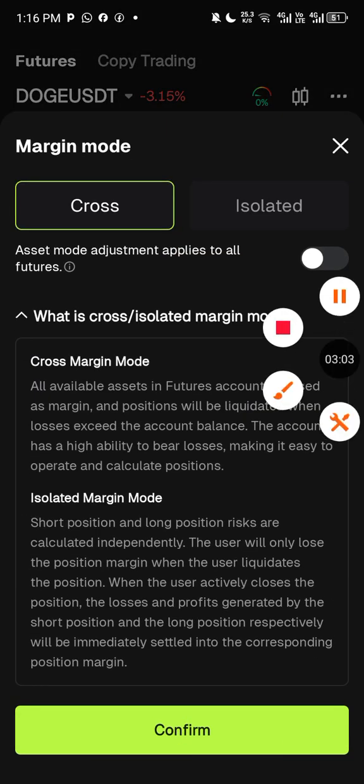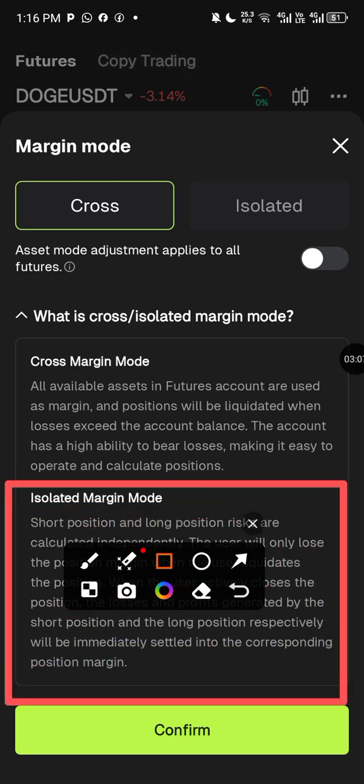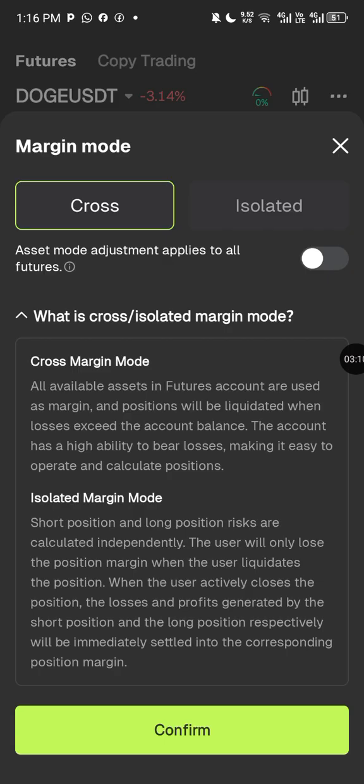Isolated margin mode now. I'm doing this so that you have a clear understanding of it. Now it says short position and long position risk are calculated independently. Now the word cross meaning that all positions are crossed together. Isolated meaning that every position you enter is standing on its own.